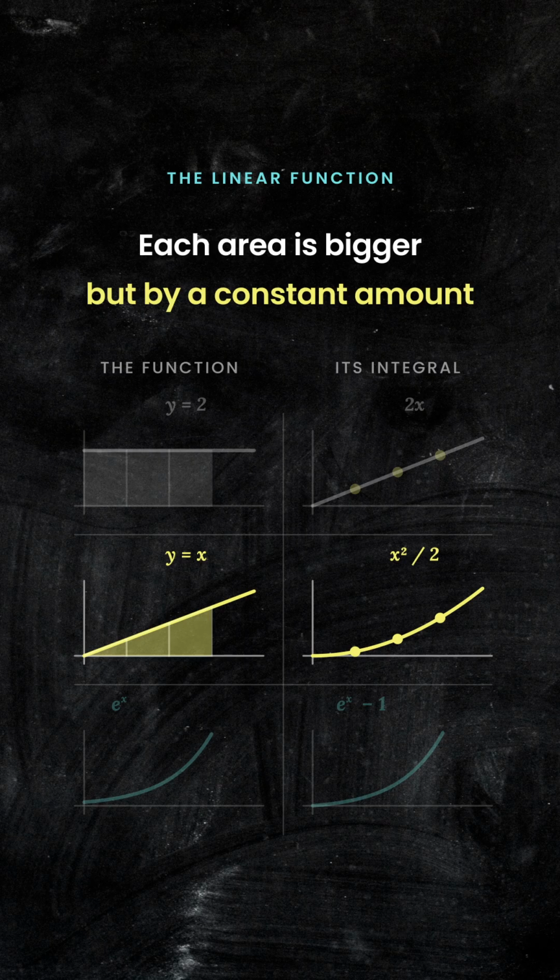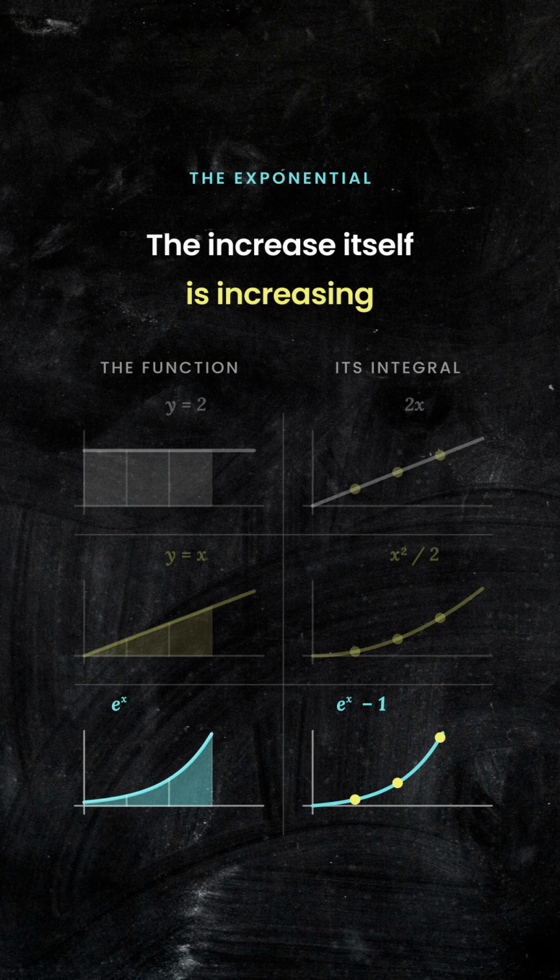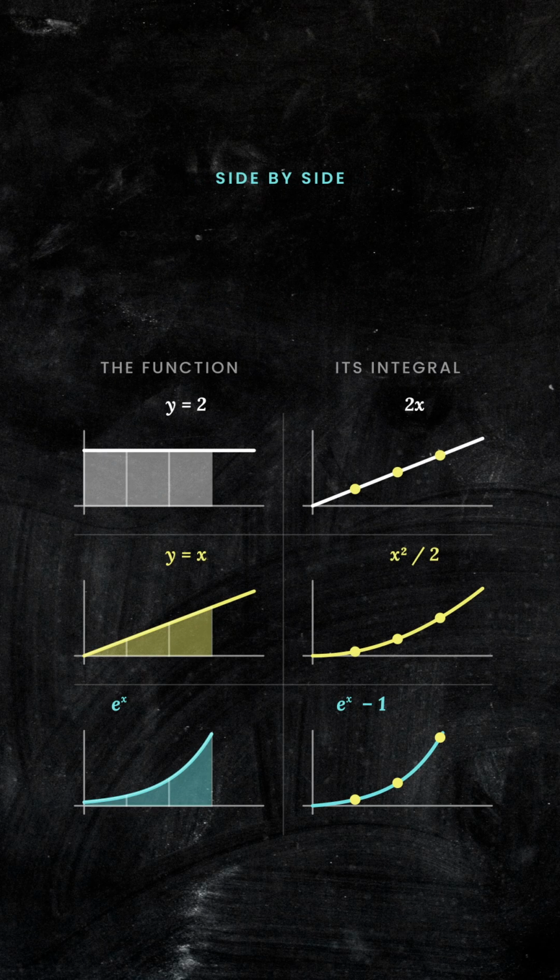So the increase we have is constant. That's why its integral is a quadratic function. And finally, we saw the exponential function, that the increase is higher, the increase itself is increasing, and this sentence is very important, that the increase coming in with us, or the acceleration, has acceleration in it.